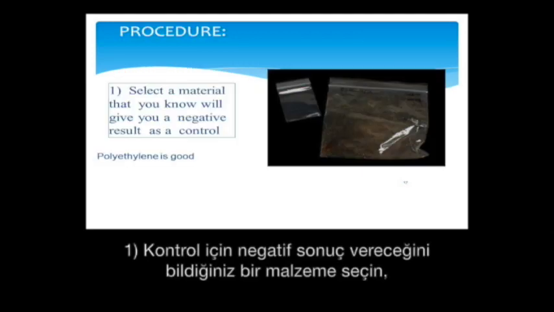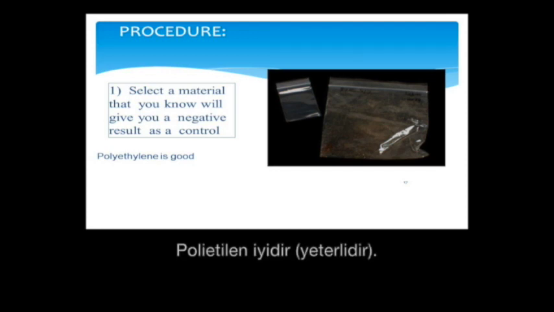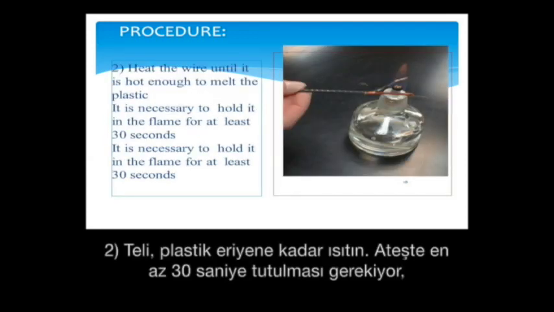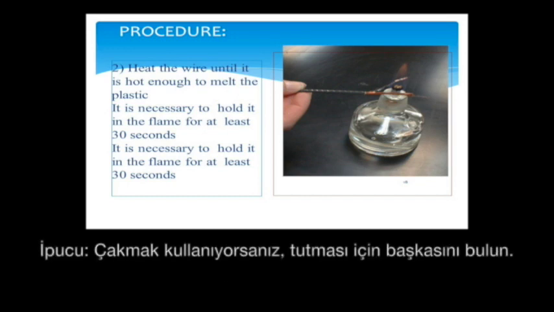First, the procedure is to select a material that you know will give you a negative result as a control. A polyethylene is good. Second, heat the wire until it's hot enough to melt the plastic. It's necessary to hold it in the flame for at least 30 seconds.